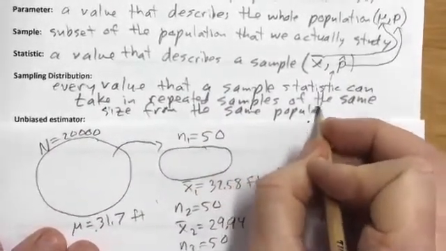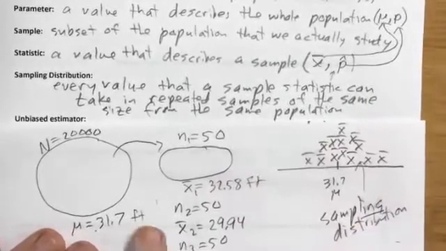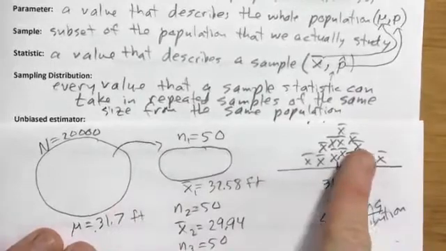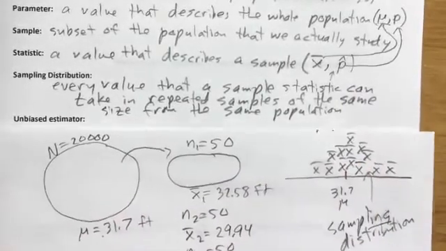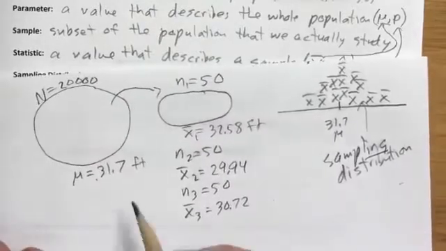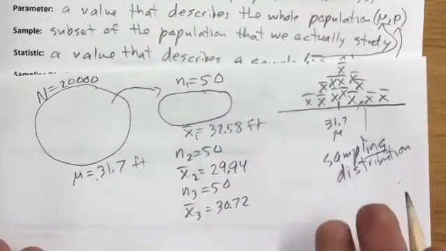So the first thing is this would be a sampling distribution for means. But let's talk about if we had it for a proportion. Let's say we didn't want to know something quantitative, we wanted to know a proportion.